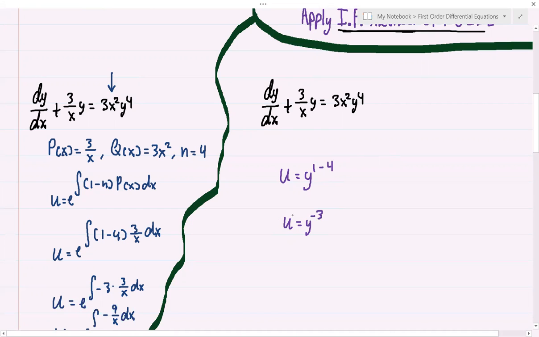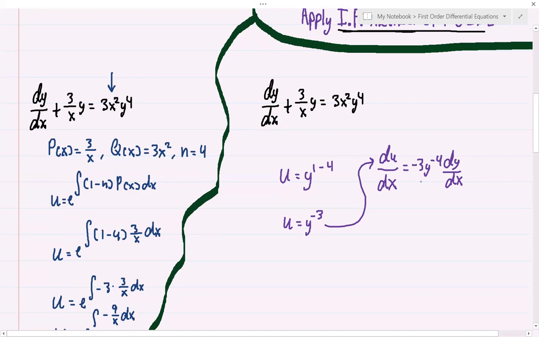Now, after that, we're going to get the derivative of this equation on both sides. So we will have du all over dx is equal to negative 3y raised to negative 4 times dy all over dx.